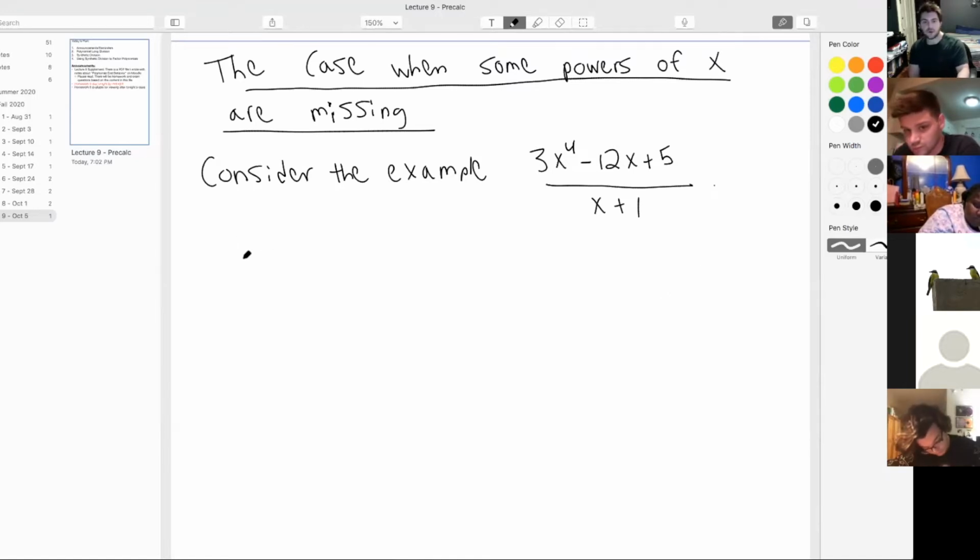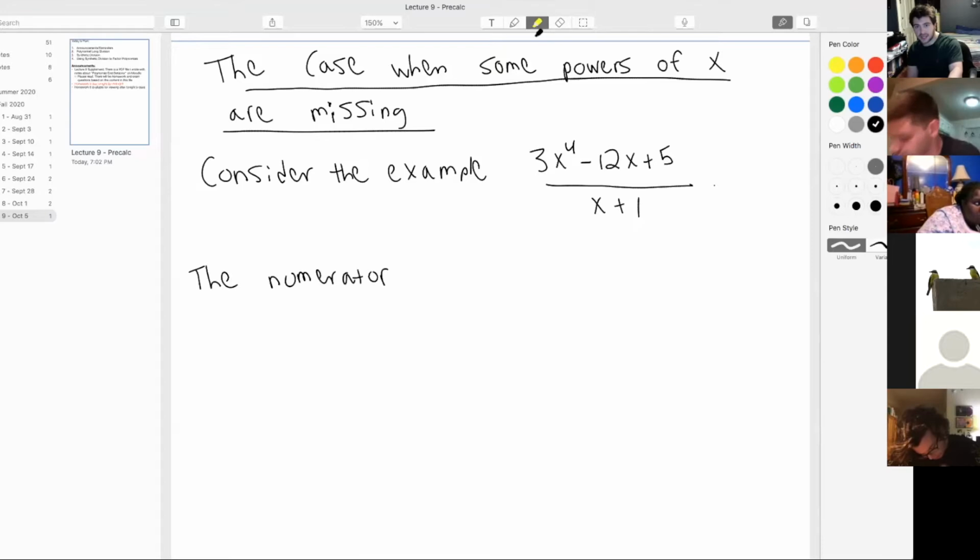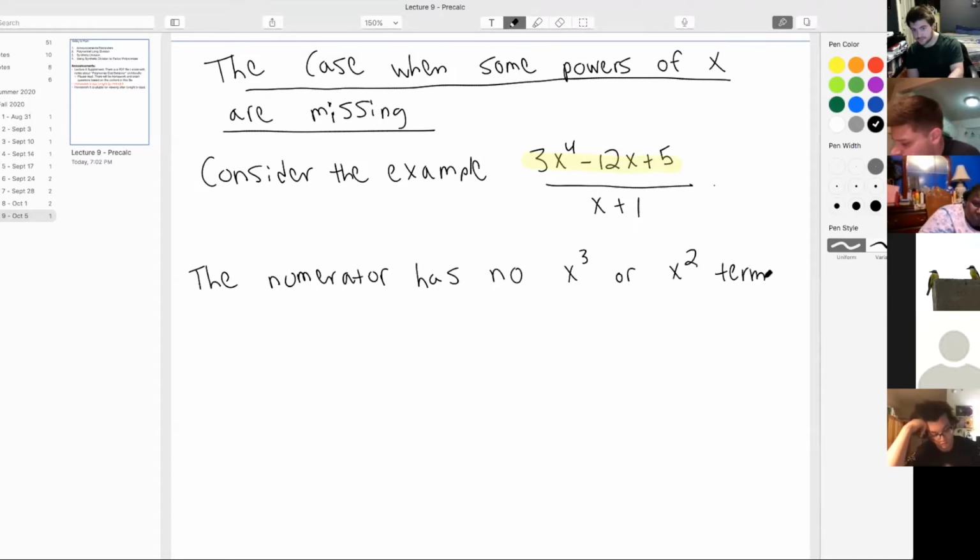Okay, so let me just point out to you that the numerator, aka this guy, 3x to the 4th minus 12x plus 5, has no x cubed or x squared terms. All right, I hope that should be very clear. And there's no x cubes and there's no x squared terms, okay?